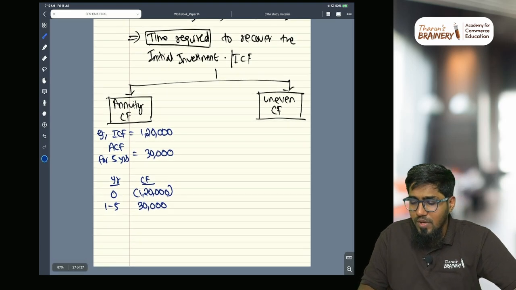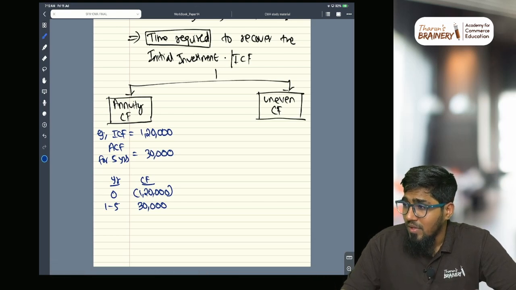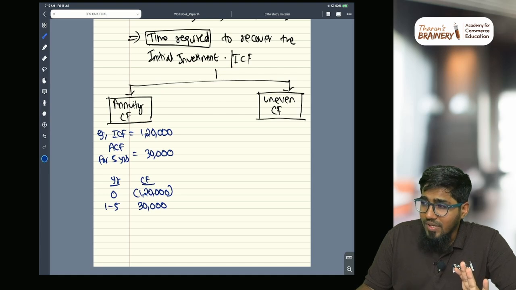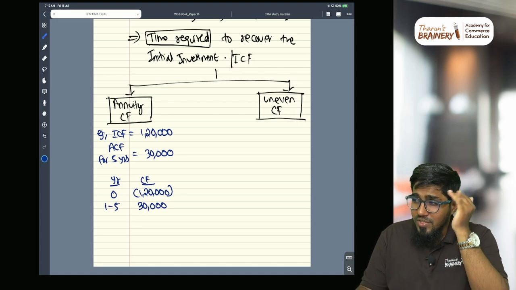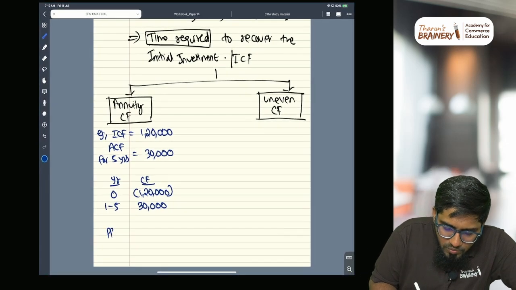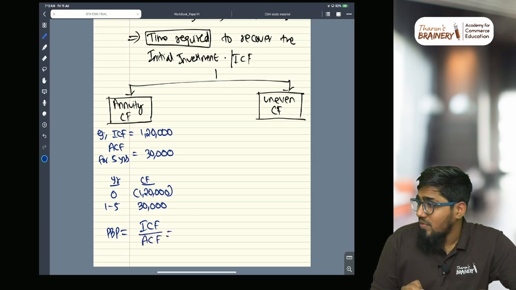Now, when am I getting my money back? We have a formula for payback period. This formula, you don't have to mug up, just understand the logic. The formula for payback period is equal to initial cash flow divided by annual cash flows.